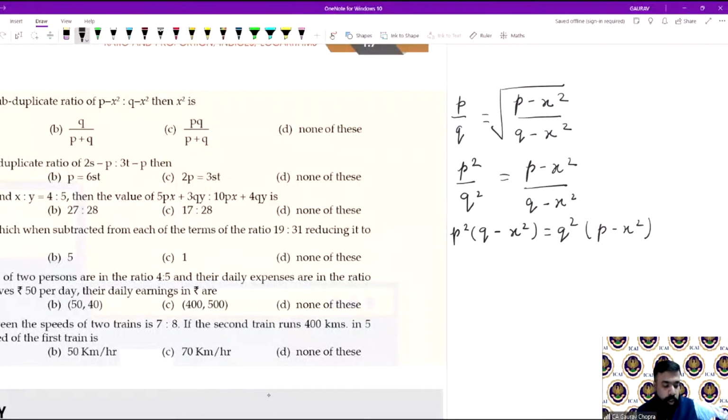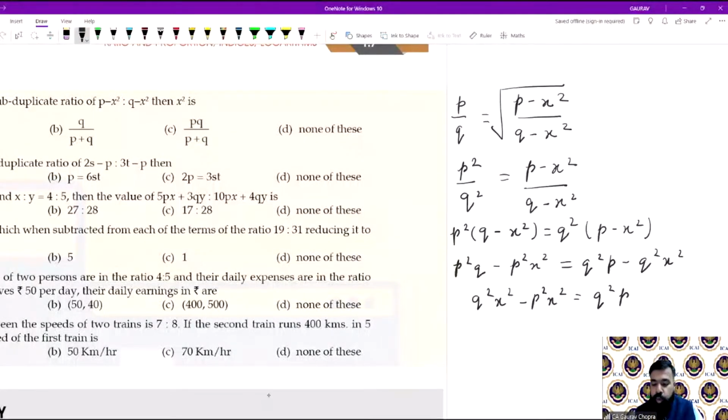So P square Q minus P square x square equals Q square P minus Q square x square. Now we can take x square on one side. So it becomes Q square x square minus P square x square, and Q square P minus P square Q.